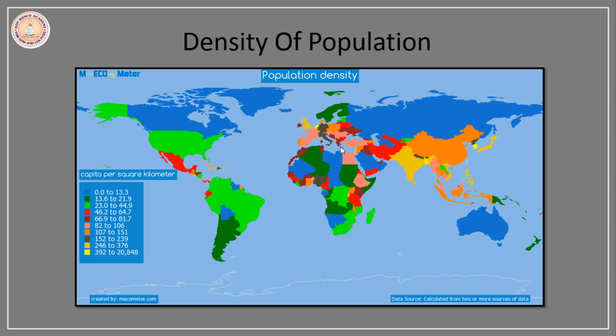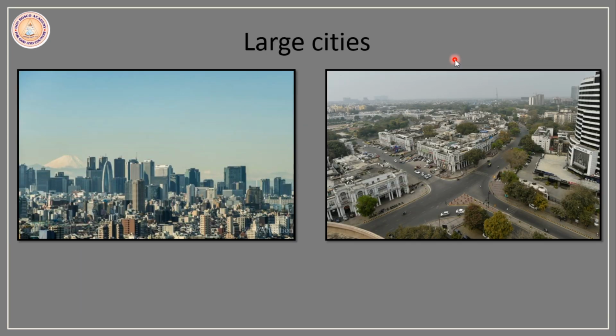Now, the density of population also varies from place to place in the same continent. For example, large cities will have a very high density of population.